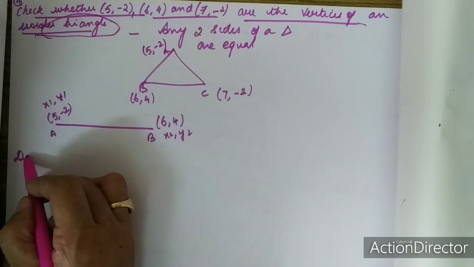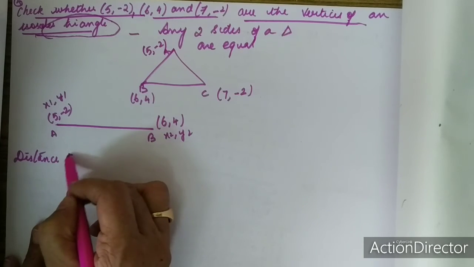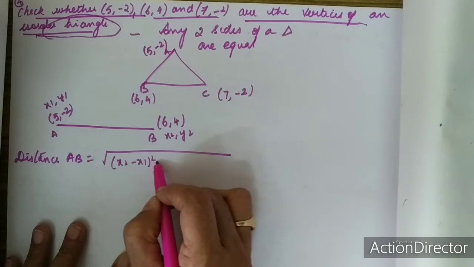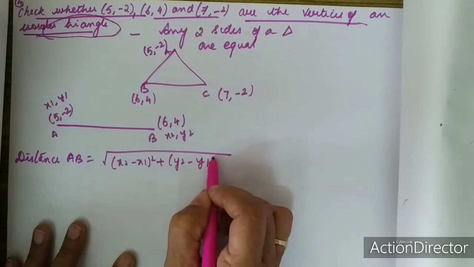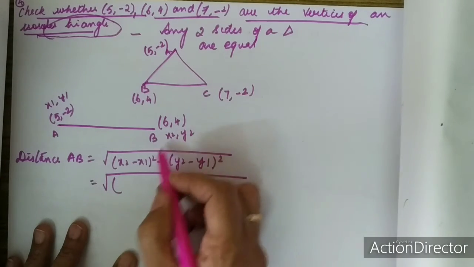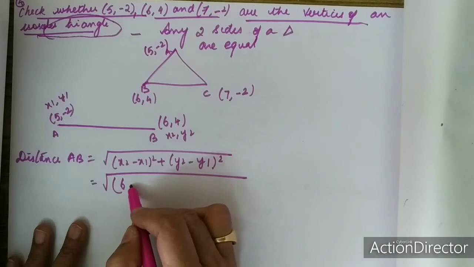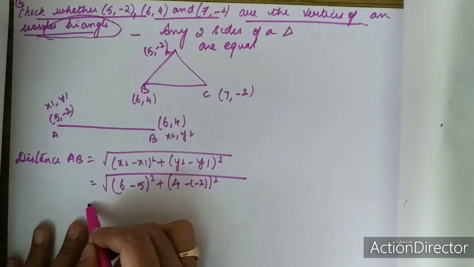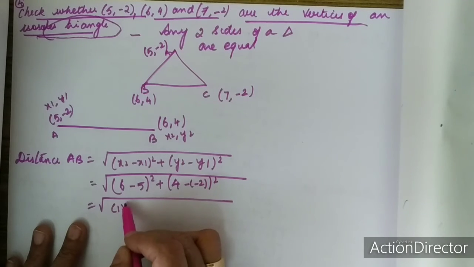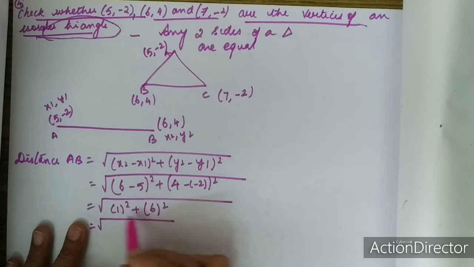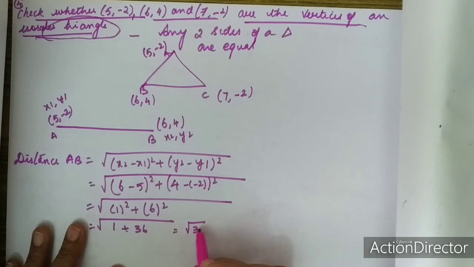Distance AB is equal to the square root of (x2 minus x1) whole square plus (y2 minus y1) whole square. What is x2? 6 minus 5 whole square plus 4 minus of minus 2 whole square, which is equal to 6 minus 5 is 1 whole square. Next 4 plus 2 is 6 whole square, which is equal to 1 square is 1 and 6 square is 36. This is equal to root 37.